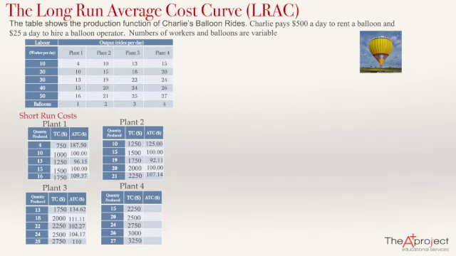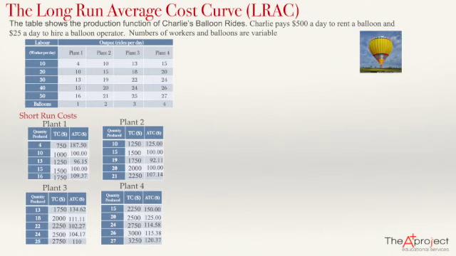So now we compute the average total cost, and the average total cost will be 150 in this first case. 2500 divided by 20, 125. 2750 divided by 24, 114.58. 3000 divided by 26, 115.38. And 3250 divided by 27, 120.37. That gives you the total schedule when he's using plan 4.